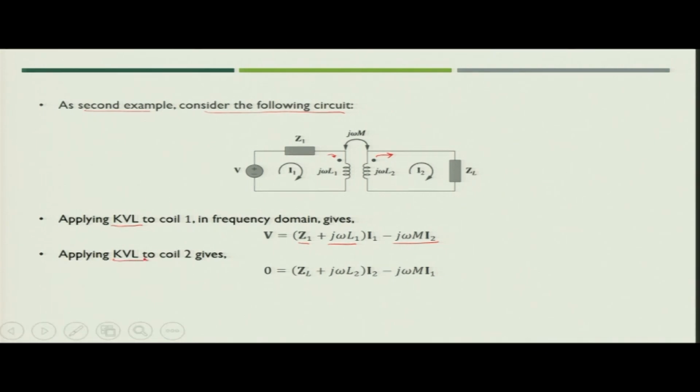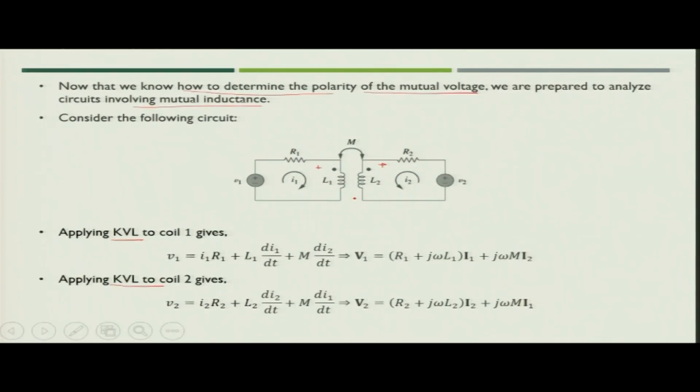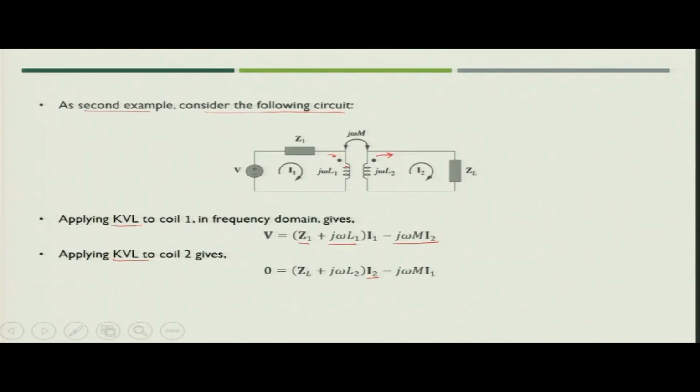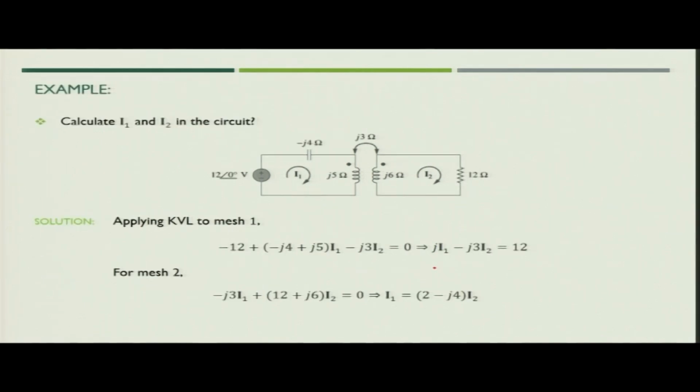Similarly, for the second coil there is no voltage source, so we write 0 = (ZL + jωL2) I2 - jωM I1. You can see that in both of the cases the mutual voltage polarity is changing.